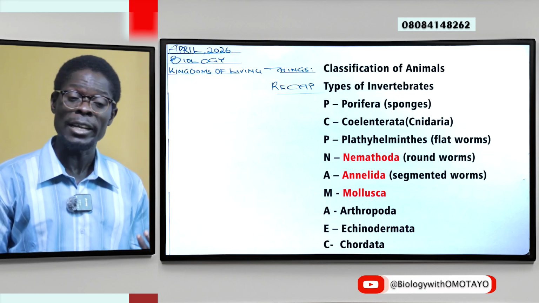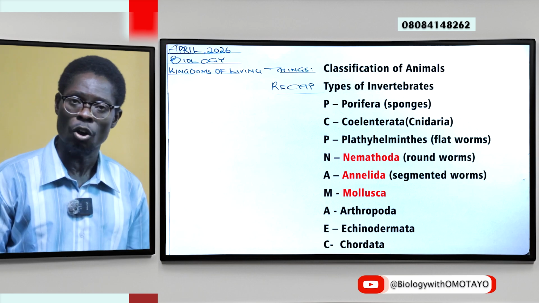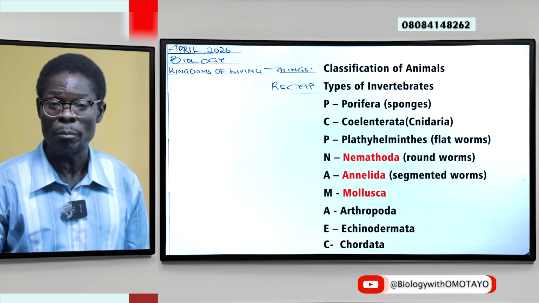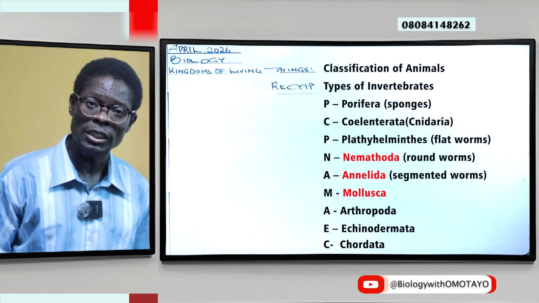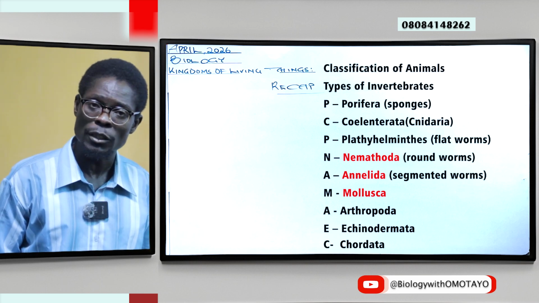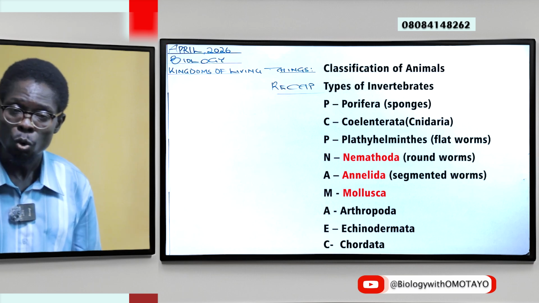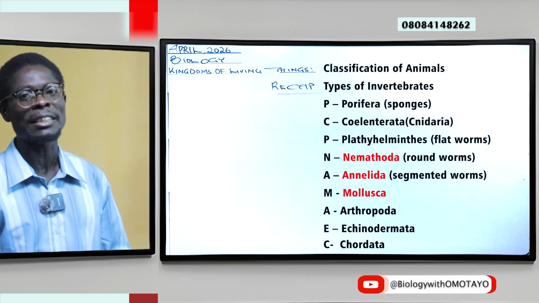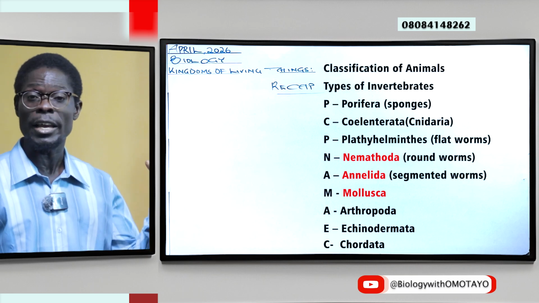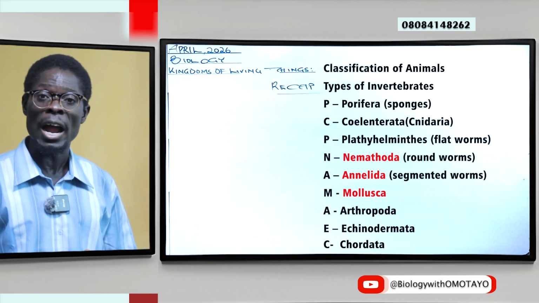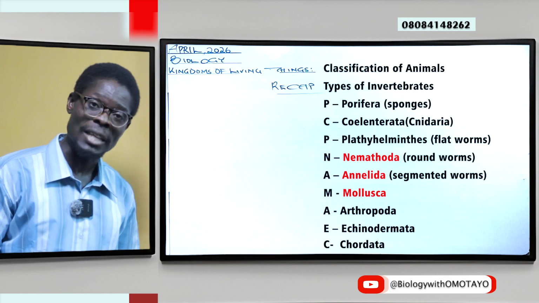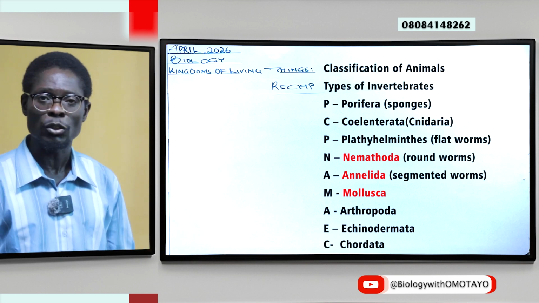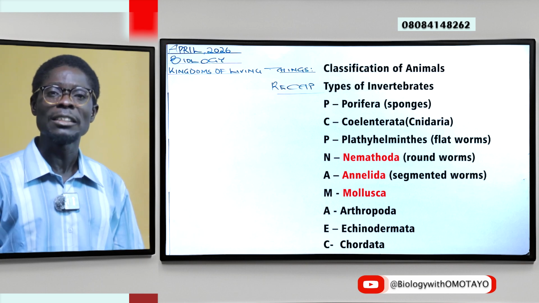Remember, there were 9 phyla in all under kingdom Animalia, where we had the Porifera, Coelenterata, Platyhelminthes, Nematoda, Arachnida, Mollusca, Arthropoda, Echinodermata, and Chordata. A couple of classes ago, we looked at Porifera, Coelenterata, and Platyhelminthes, while last class, we examined Nematoda, Arachnida, and Mollusca.